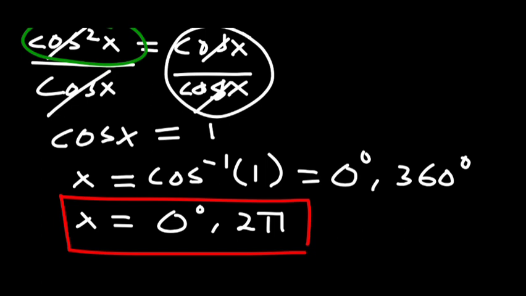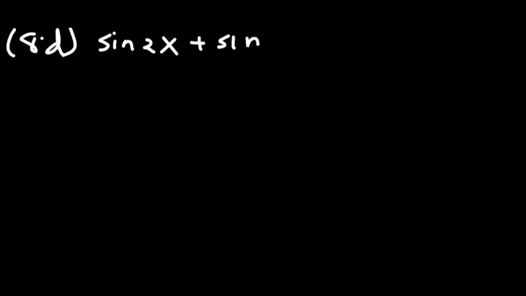Let us now go to question 8D. We've got this equation: sin 2x plus sin x is equal to 0.